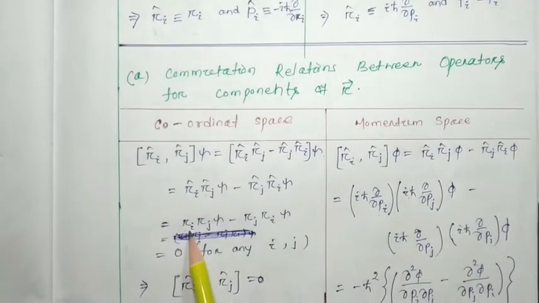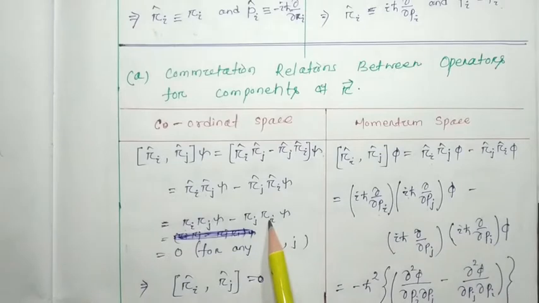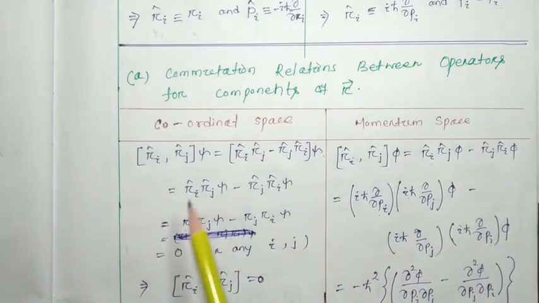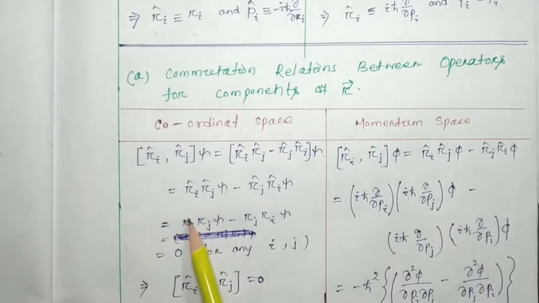So it will be R_i R_j psi minus R_j R_i psi, because the value of R_i cap will be R_i, and the operator R_j cap value is R_j psi, minus R_j R_i psi.